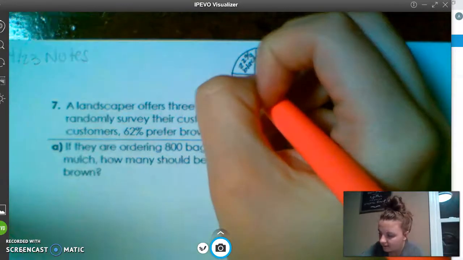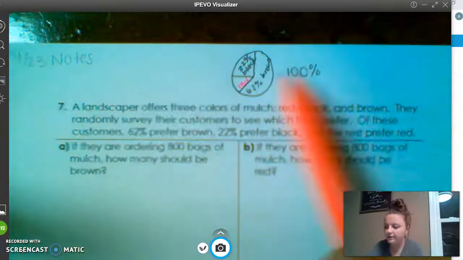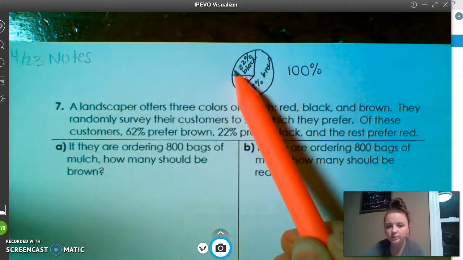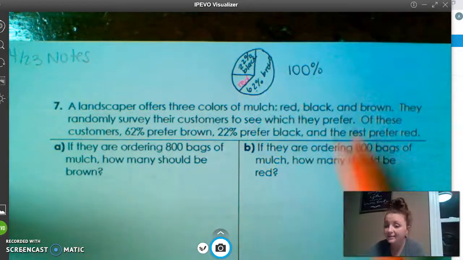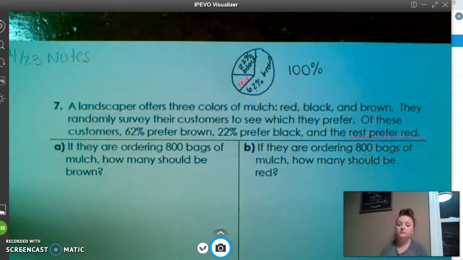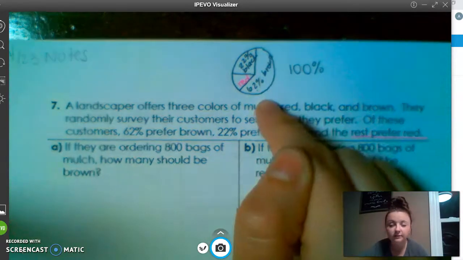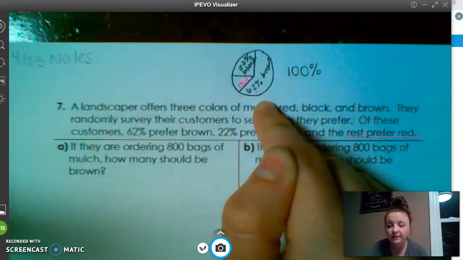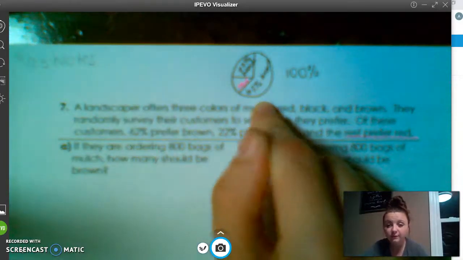Well, how could I find out that percent right there if 62% and 22% and the whole thing's 100? Because it doesn't tell me, it just says the rest prefer red. Well, I could do 62 plus 22. 62 plus 20 is 82, plus 2 is 84.